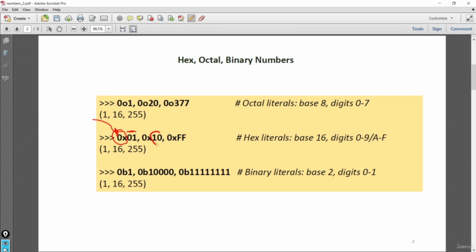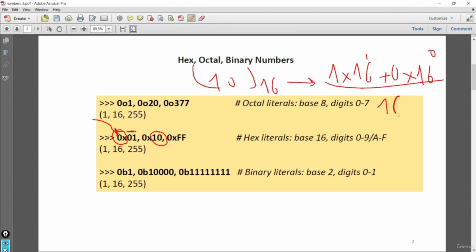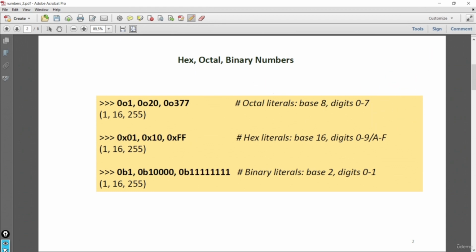So when this hexadecimal number is converted to decimal, what do we get? 1 multiplied by 16 plus 0 multiplied by 16^0. The result is 16. Okay, 0xff is a very well known hexadecimal number. Here f means 15.